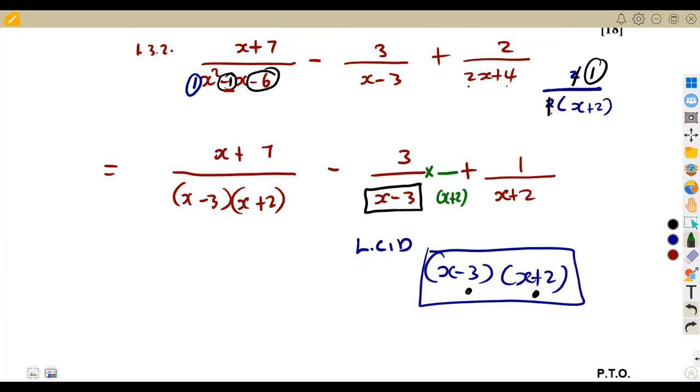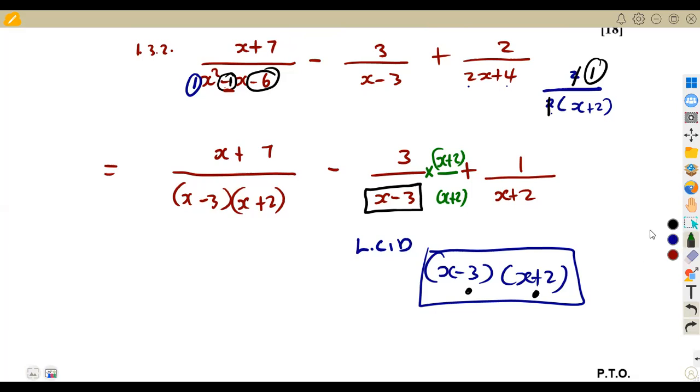So what we just want is for these denominators to have everything that we have on our LCD. Once they are like that, it means they are all the same.